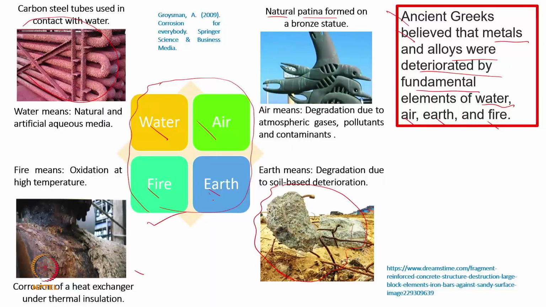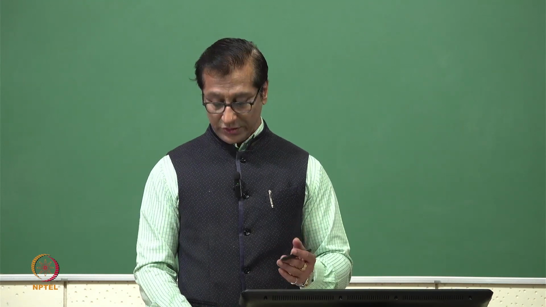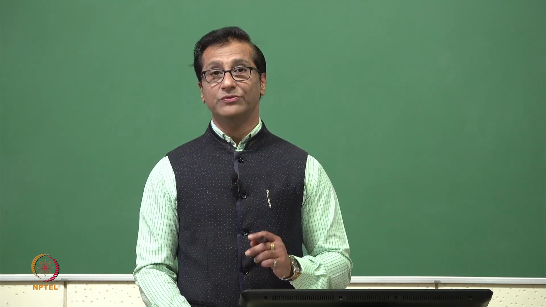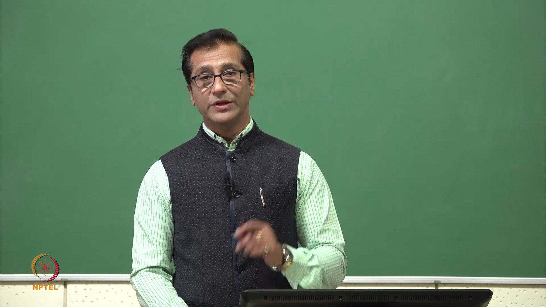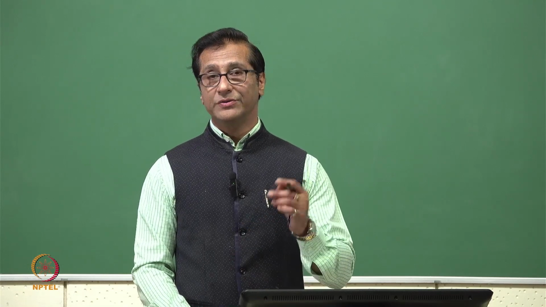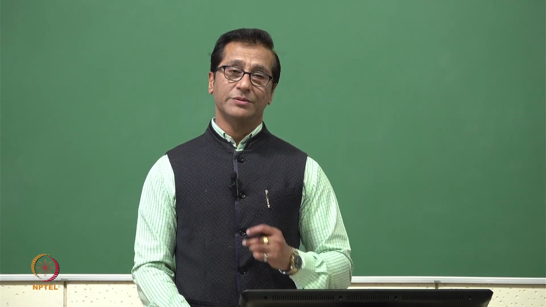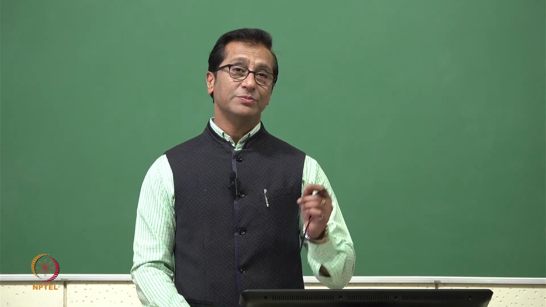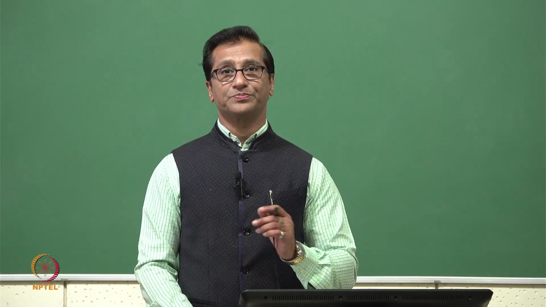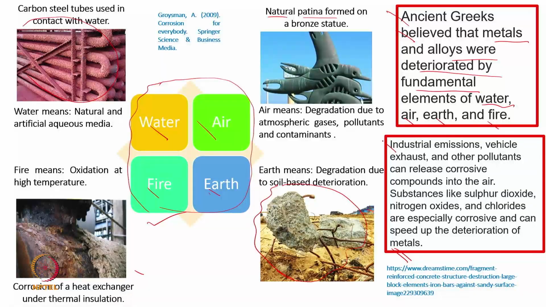So there are numerous examples of corrosion, and it is costing the nation a lot. The question is how tribology and corrosion together play an important role, and we need to minimize that synergy between tribology and corrosion. One more thing these days is industrial emissions, vehicle exhaust and other pollutants, which are really corrosive in nature.